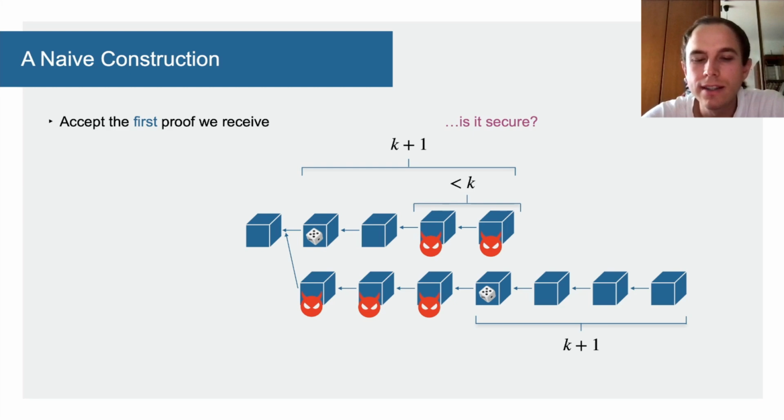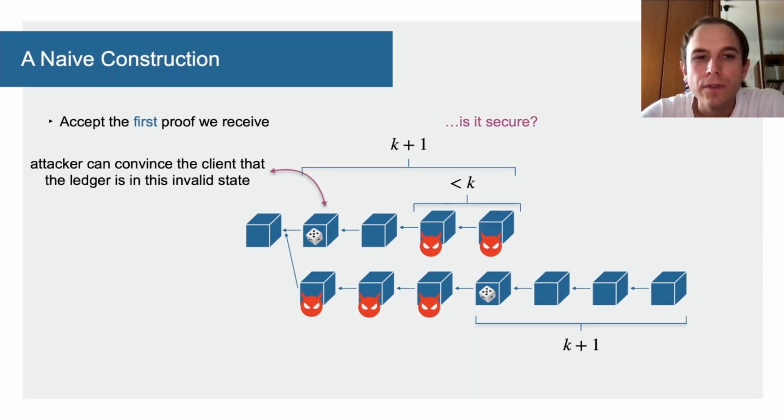We can see in this example that in total the adversary needs to mine fewer blocks than the honest users in the same time. So indeed, a minority adversary can convince the light client of an invalid state of the blockchain. This construction is not secure.